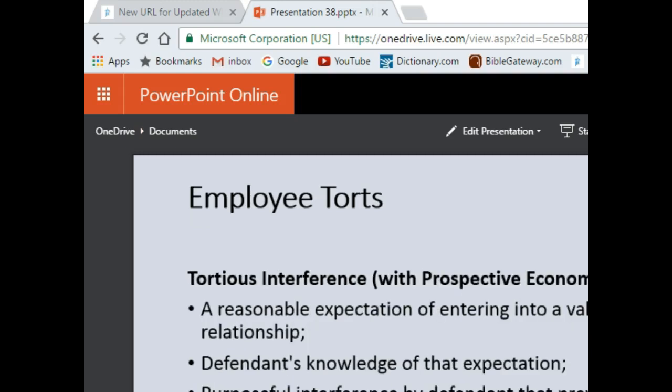The tort of tortious interference, and I've put in parentheticals on this slide, with prospective economic advantage. Now, we've talked about a claim of defamation with respect to negative referencing.